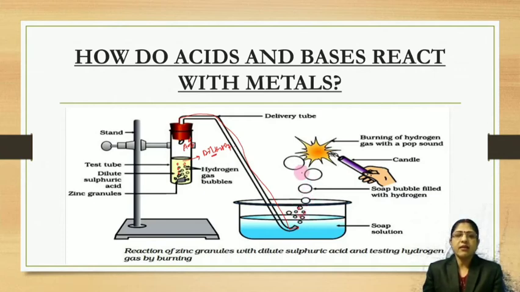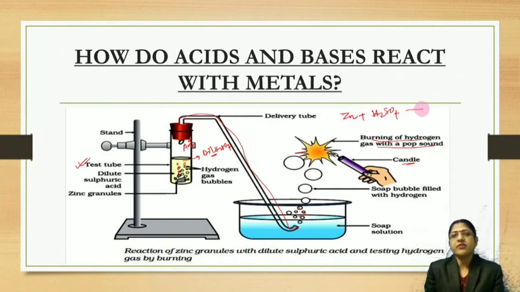Then how can we confirm it is hydrogen? If we bring a burning matchstick or burning candle, that hydrogen gas burns with a puff sound, right? We can perform this experiment in our lab, and this is an example of a displacement reaction, that is zinc plus H2SO4.